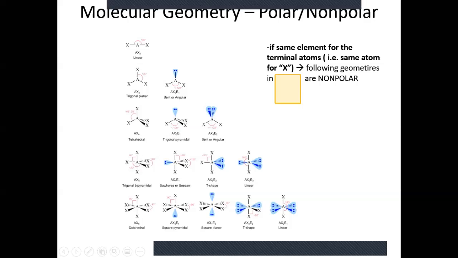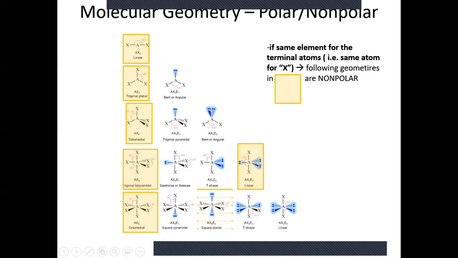So the ones I'm going to highlight in orange are nonpolar geometries, as long as all the X's are the same. So that is linear is nonpolar, trigonal planar. So these are ones without lone pairs. Tetrahedral, trigonal bipyramidal, linear, octahedral, square planar, and linear.